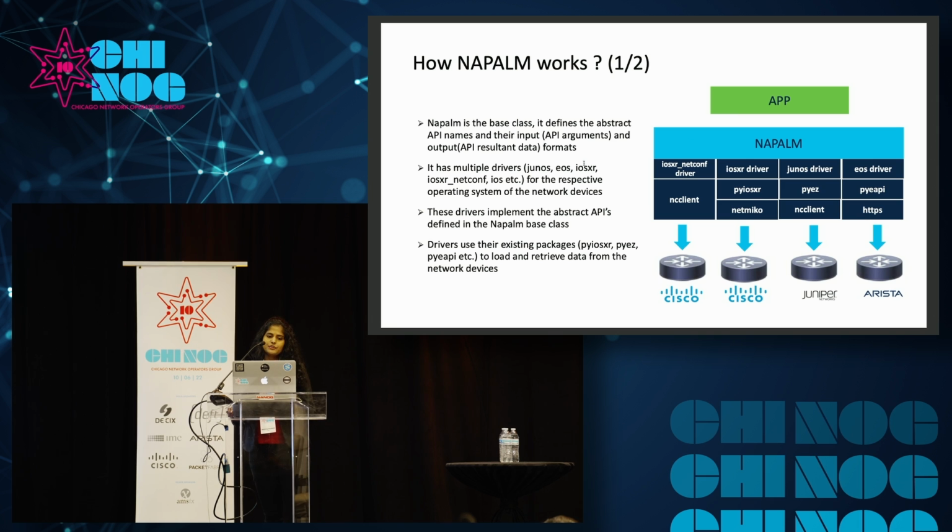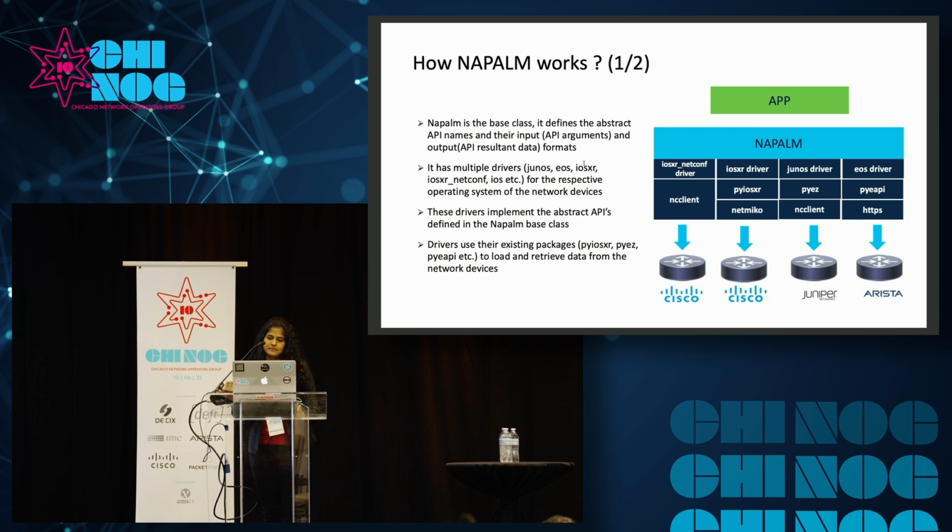It defines a few abstract API names, and it also defines the input arguments of the API and the output format. This base class, the parent class, is inherited by the child classes. And the child classes are nothing but the different drivers.